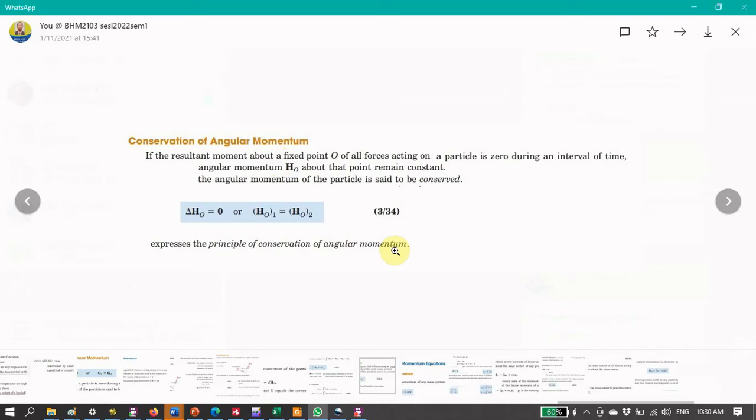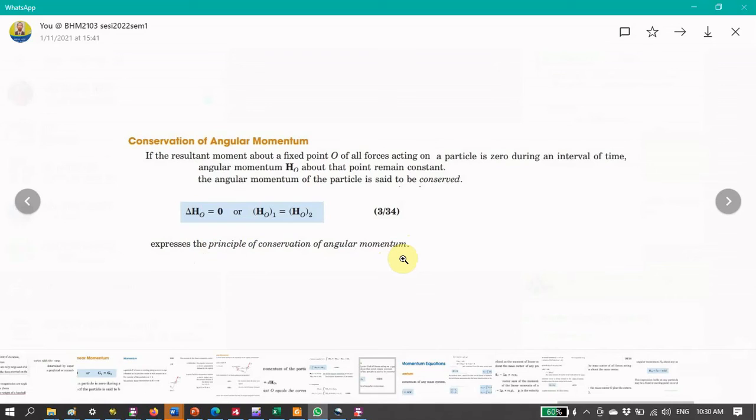In dynamics, Professor Meriam always uses the equation and translates that equation with names. Here, equation 3.34 is actually referring to the equation called the principle of conservation of angular momentum.